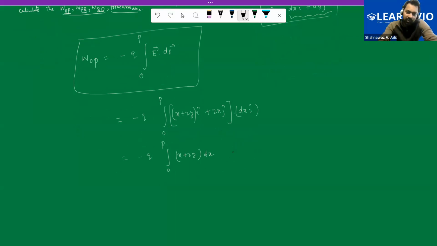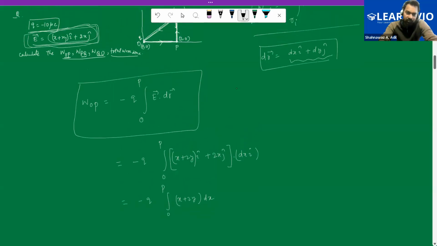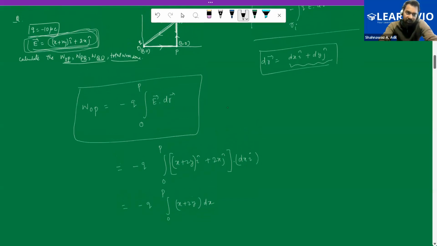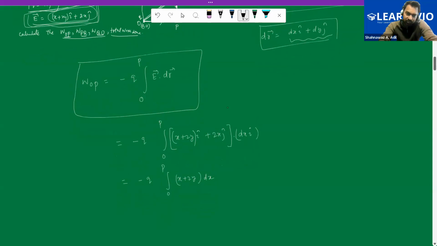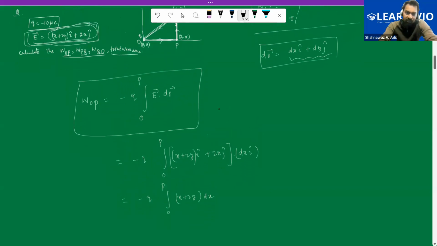Now, if we look at this dx, how is dx evolving? Dx is going from where to where?